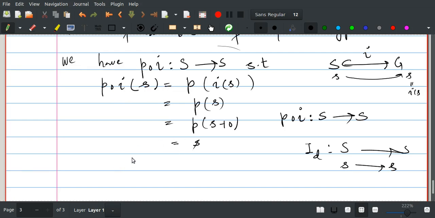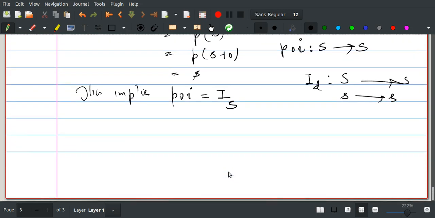So this implies P of I is same as identity map on capital S. Similarly, we can prove that Q of J is identity map on T. This follows on similar lines.